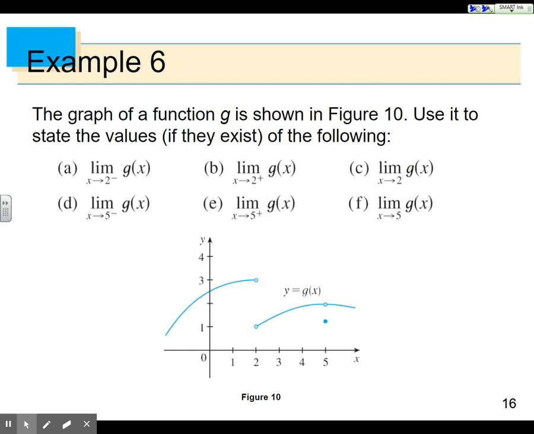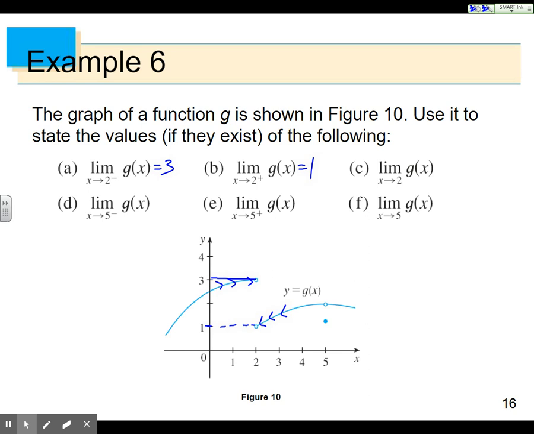The limit as x approaches 2 from the left of g of x. All right, so 2 from the left. Here's 2. As I approach 2 from the left, I see that my function value is close to 3. Let's approach 2 from the right. As I get closer to 2 from the right, I see my function values down here at 1.